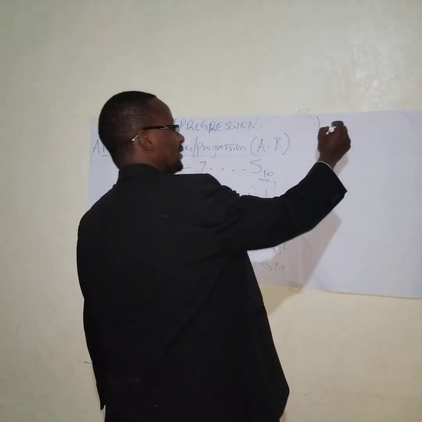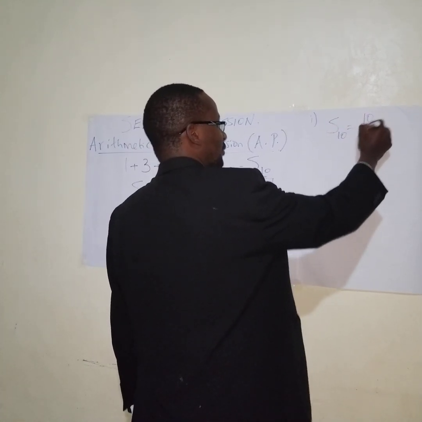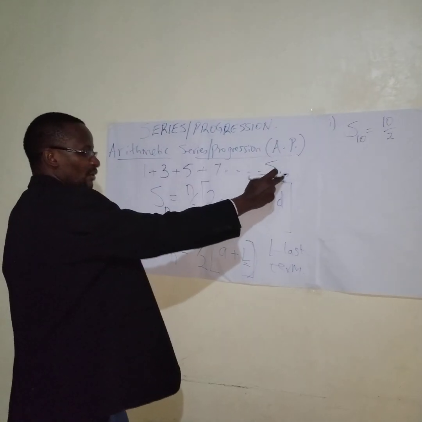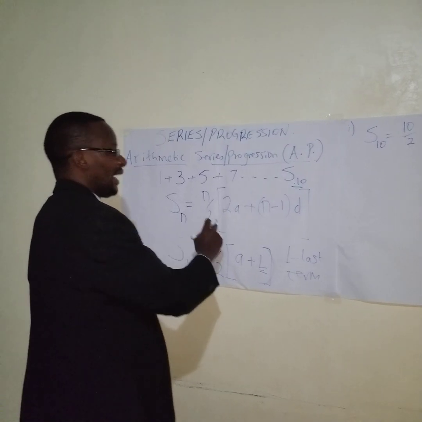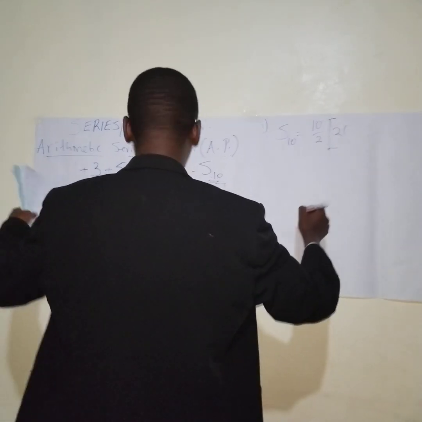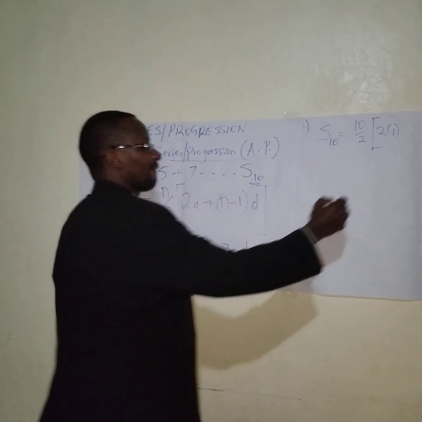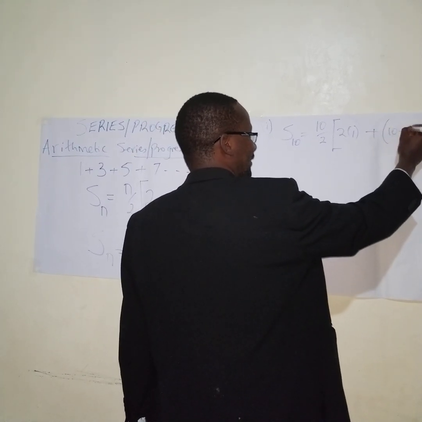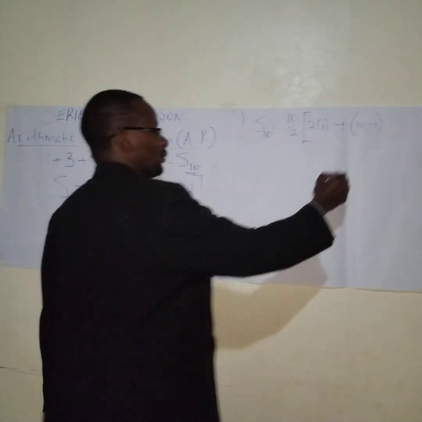Sn, so we are looking for S10. So it is equal to 10 over 2, which is n over 2. So our n is 10 because we are looking for the sum of 10 terms. N over 2, 2a, that is 2 multiplied by 1 because our a is 1, plus n minus 1, our n is 10, d is what? 3 minus 1, which is 2.